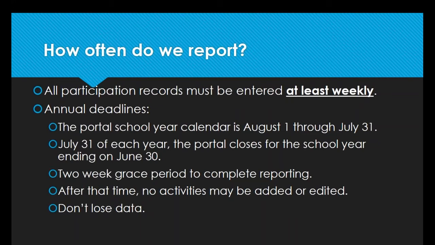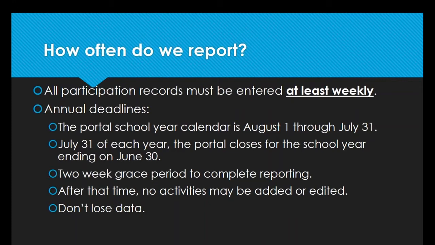If that means, you know, setting aside Friday afternoons to do data, then that's what needs to be done. But you really need to prioritize this work so it's done in a timely manner. There are some annual deadlines where we will close the portal, and so we'll give you some last chance to get caught up. But the portal school year calendar is August 1st through July 31st.